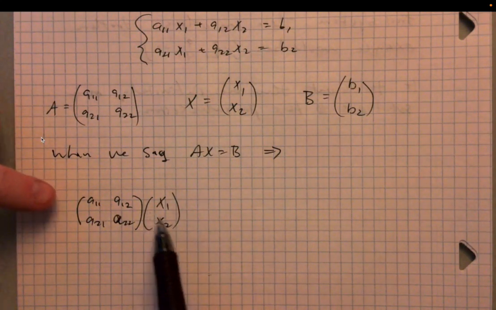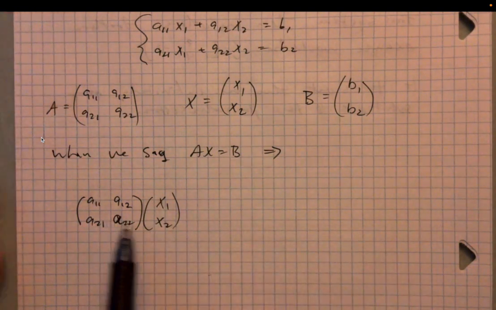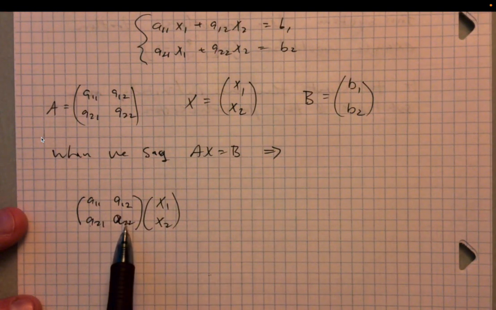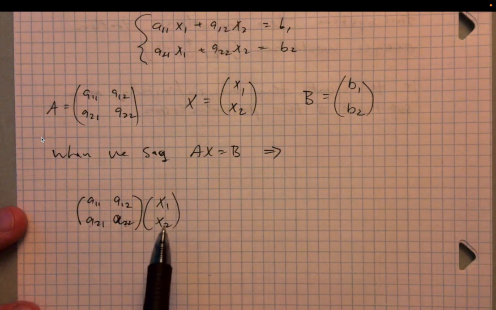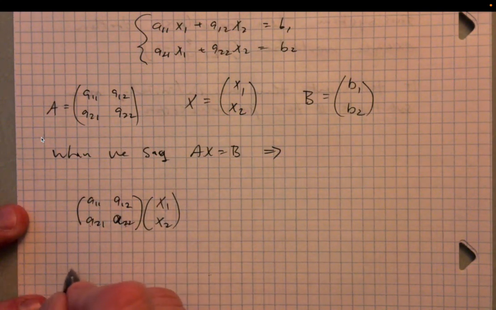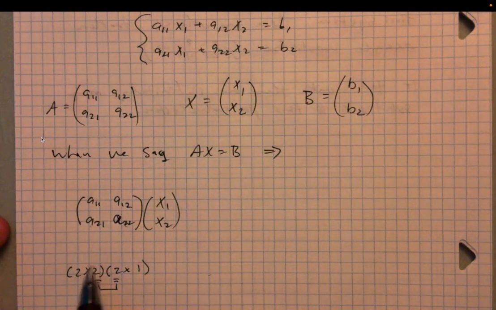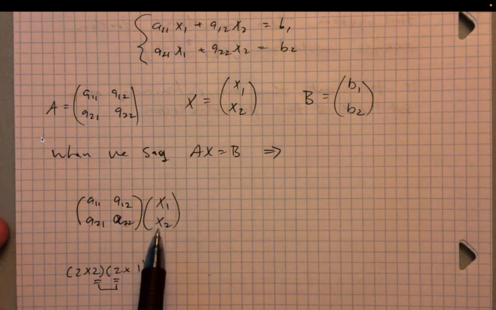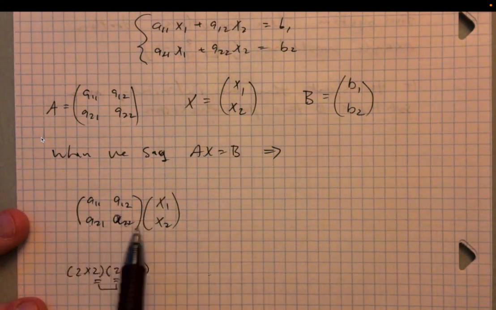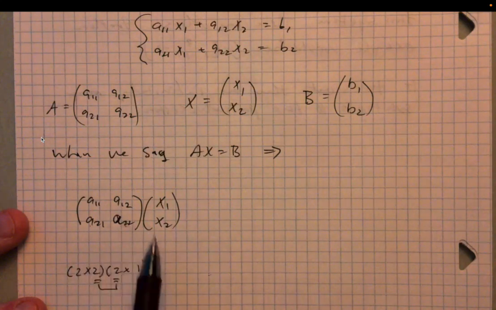Well, first of all, this is a 2 by 2 multiplied against a 2 by 1. The multiplication is defined because the number of columns of the A matrix is equal to the number of rows of the X matrix. And the resulting matrix is going to be 2 by 1.